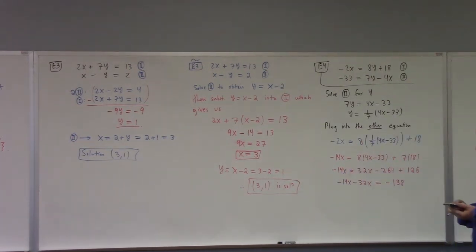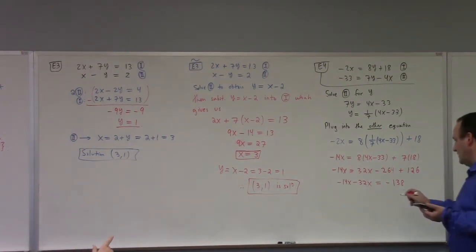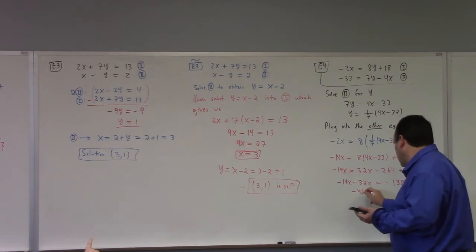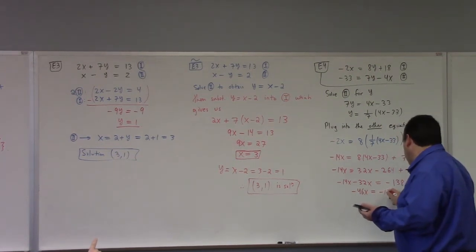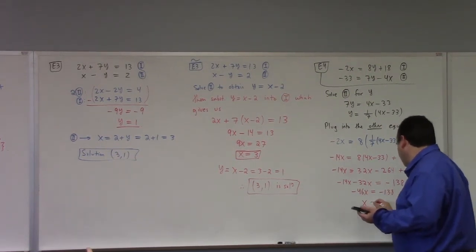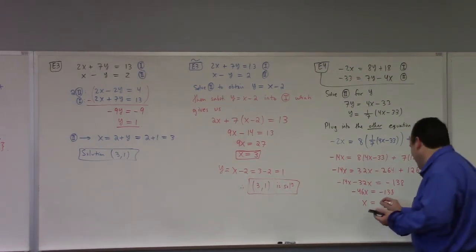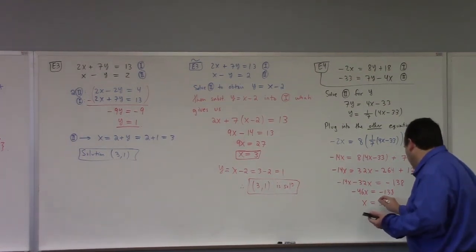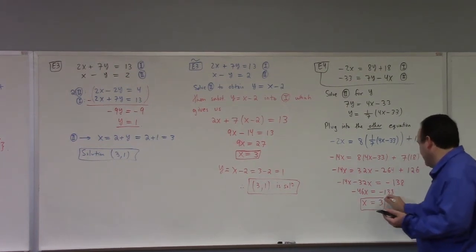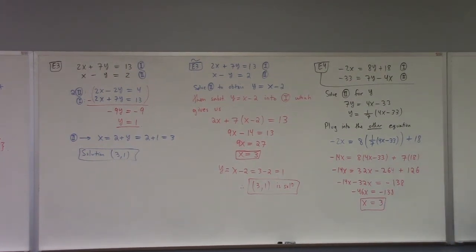What's 14 and 32? That's 46. So I've got minus 46x equals minus 138. So what's x equal to? Three. Minus 138 divided by minus 46 is 3. That was unexpected, wasn't it?